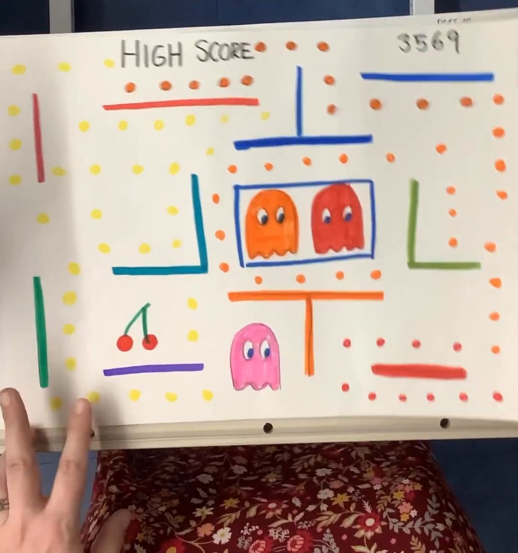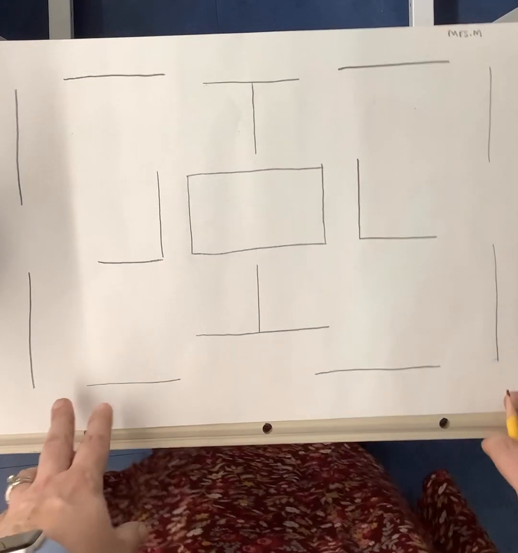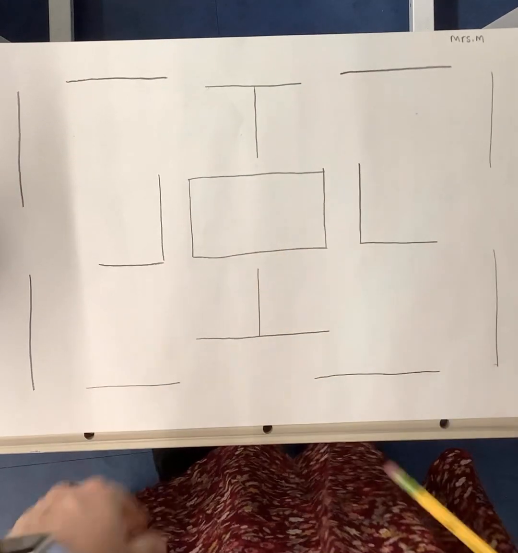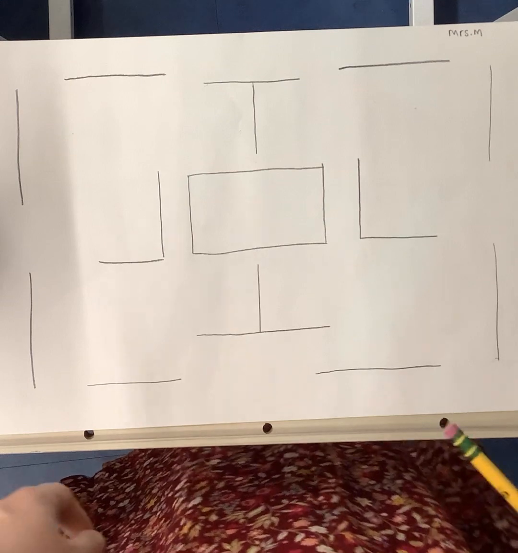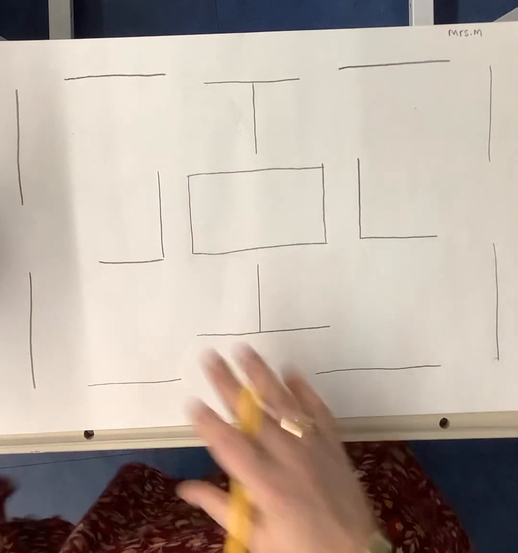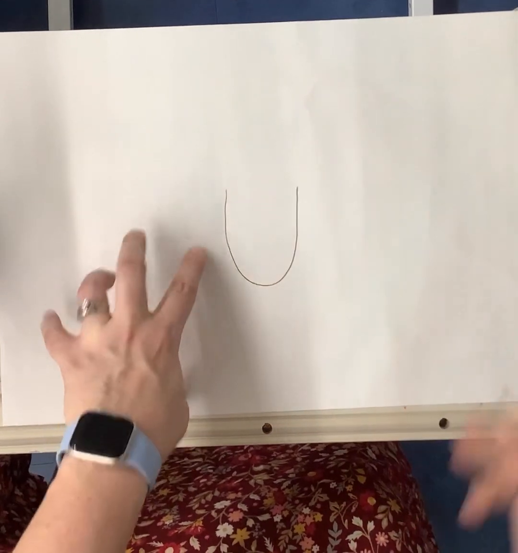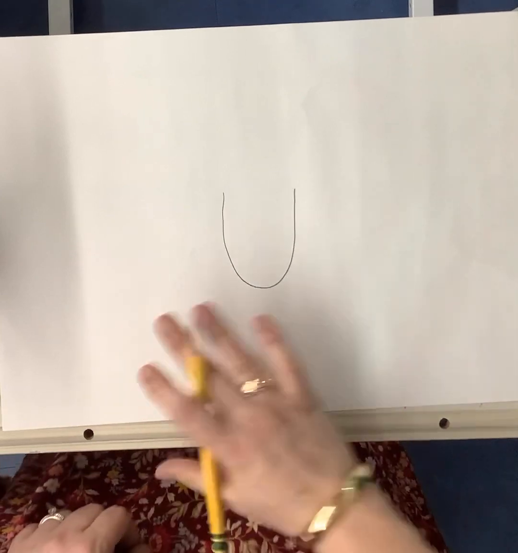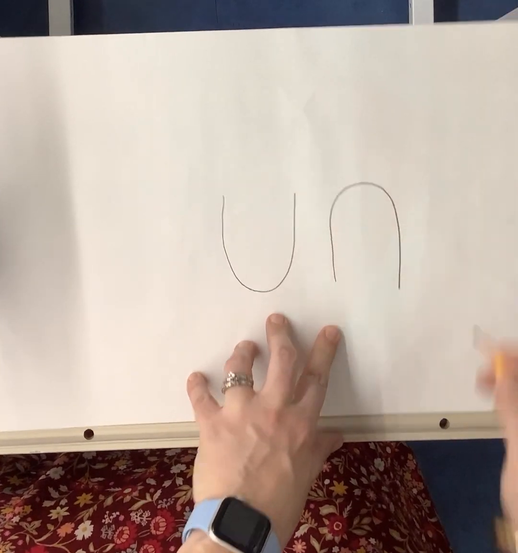So these ghosts all have names. You should see them when we're working. But I'm going to start by putting 2 ghosts inside the box. And I might do 1 out in the maze, trying to get Pac Man. So, what letter of the alphabet is this? Did you say U? You're correct. We're going to take that U and we're going to flip it upside down.